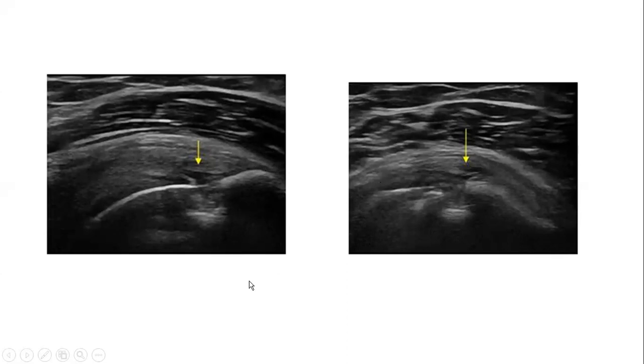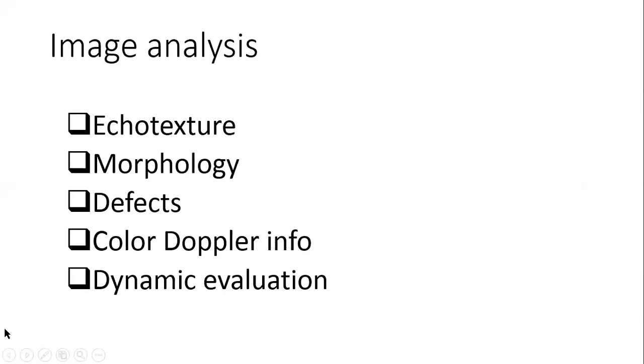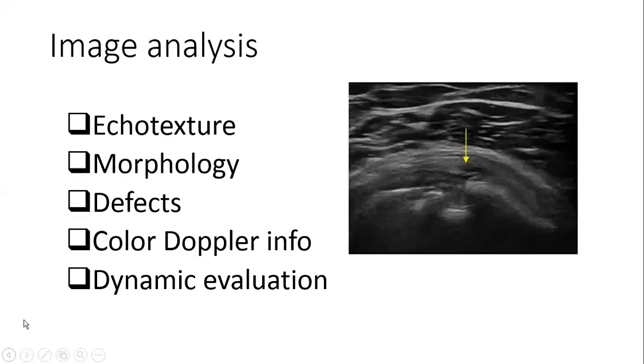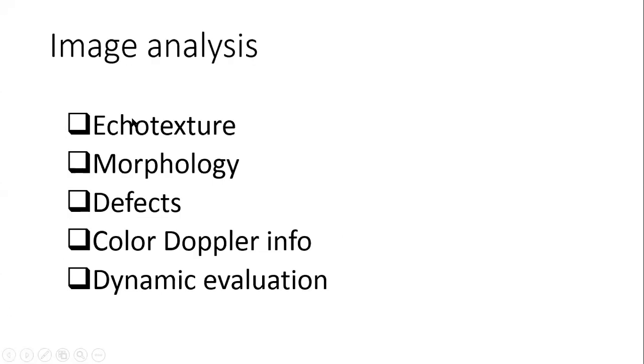But if you do a dynamic test, you can push that fluid back here, and that gives you extra information about impingement and what's getting impinged. So we covered all the points: the echo signal you're looking at, the shape of the tendon, whether the tendon has a defect, and any color Doppler signs and dynamic evaluation.